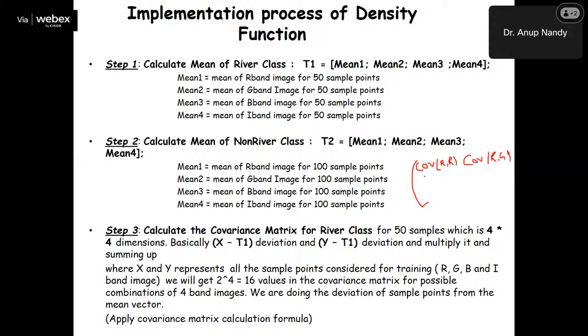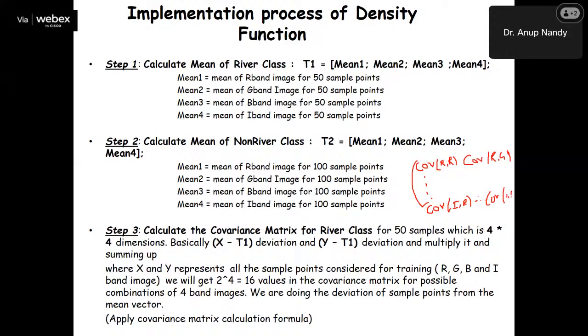Similarly, here also you can calculate it. Finally, COV of I band into R band, then COV of I band into B band, then COV of I band into green band, and finally COV of I band into I band. So this you can get in total.